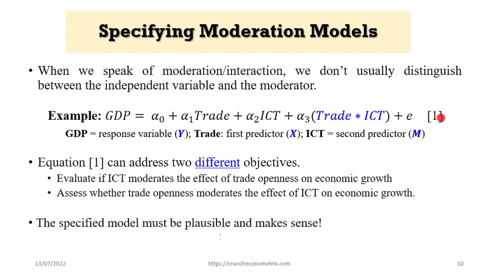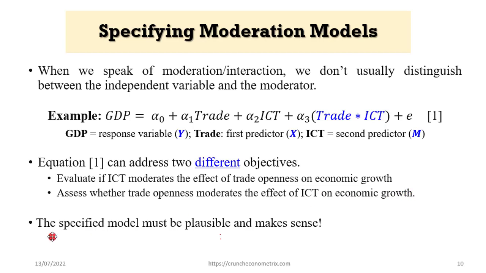Now, if you look at equation 1 carefully, it can address two different objectives. I can specify equation 1 if I want to evaluate if ICT moderates the effect of trade openness on economic growth. I can also specify equation 1 if I want to assess whether trade openness moderates the effect of ICT on economic growth. But I must sound a note of caution.